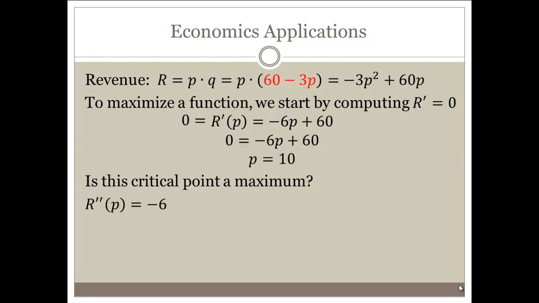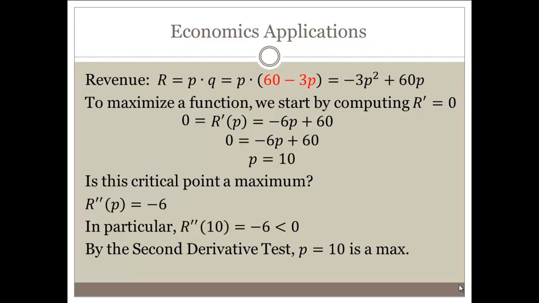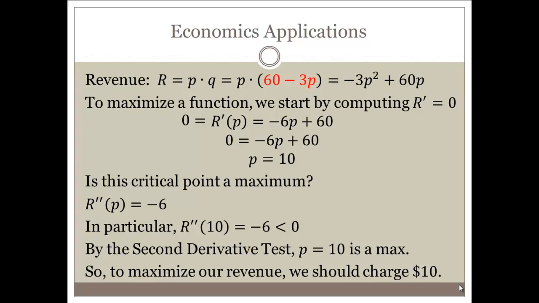So we need to know, is R double prime at 10 positive or negative? We see here that R double prime is always negative. So in particular, R double prime at 10 equals negative 6, which is negative. So by the second derivative test, P equals 10 is a max. So to maximize our revenue, we should charge $10.